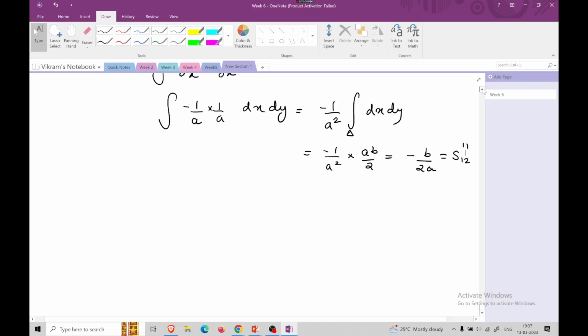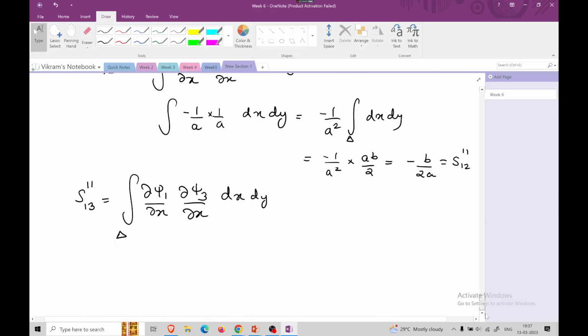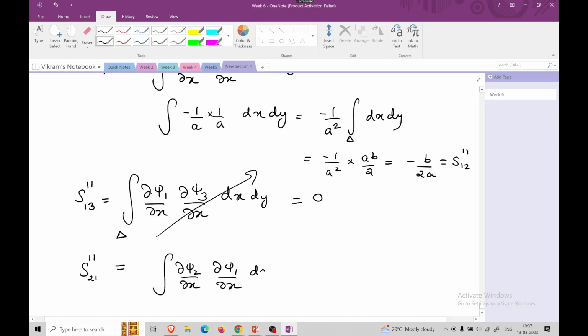No, sir. Okay. So what is S13? Dou psi 1 by dou x into dou psi 3 by dou x into dx dy over the triangle. So dou psi 3 by dou x, if you would have seen, it is 0. So this entire term vanishes. This becomes 0. So what is S21? It is equal to dou psi 2 by dou x into dou psi 1 by dou x into dx dy.